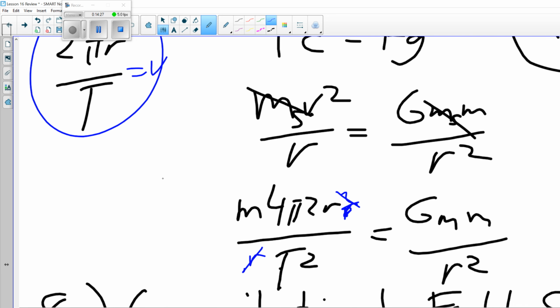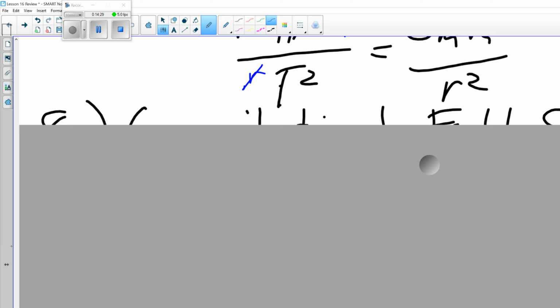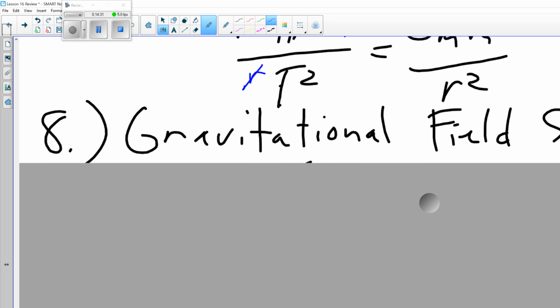Okay, and then the last thing, which we haven't gone over and we'll go over tomorrow, is gravitational field strength. Gravitational field strength works a lot like universal gravitation. It just calculates gravitational acceleration instead of gravitational force.